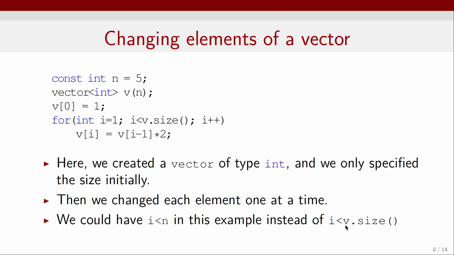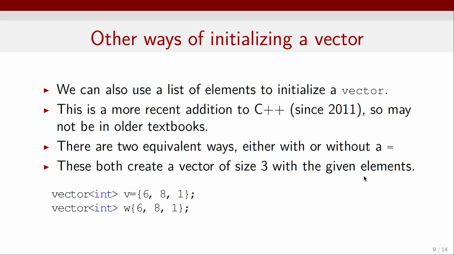But this is using object-oriented programming, so applying the size function to v. So these two commands are equivalent. It's a little safer to use v.size just in case something happens and the variable n changes, or if the size of v changes. It's a bit safer to keep track of the size of v using this function.